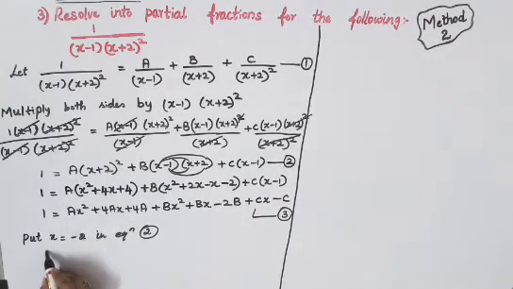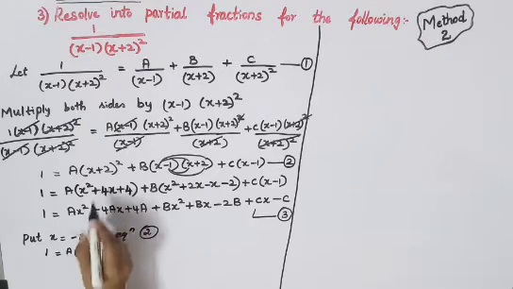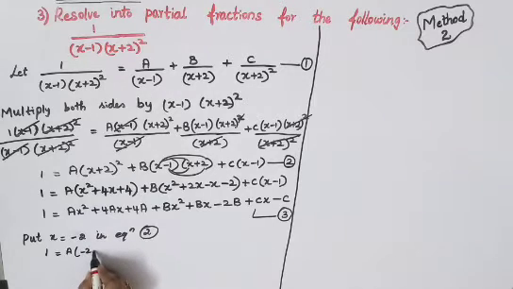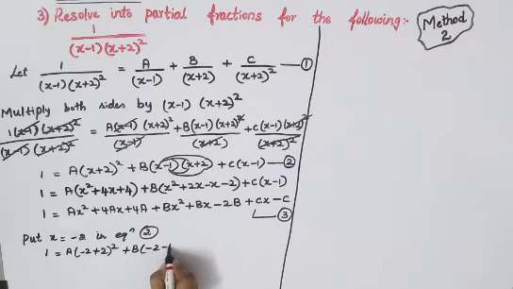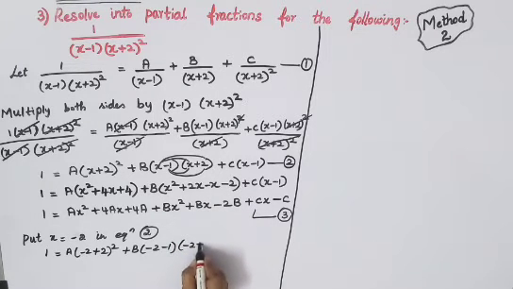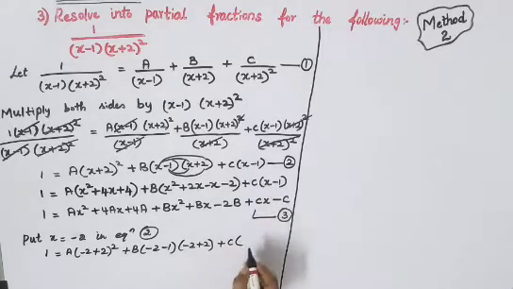So 1 is equal to a into (minus 2 plus 2) the whole square, plus b into (minus 2 minus 1)(minus 2 plus 2), plus c into (minus 2 minus 1).